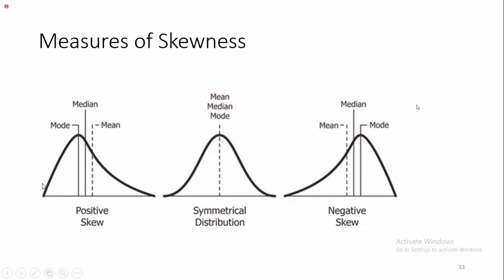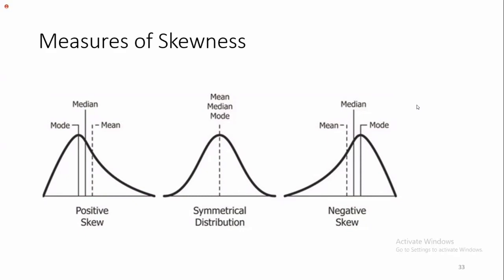But if you consider the first sketch, that is different from the normal distribution. At a glance, you can say that it's a skewed one. Then we need to find whether it is positively skewed or negatively skewed. So how are we going to find positive skewness and negative skewness?